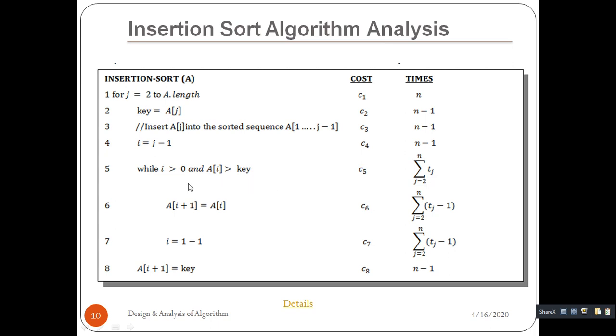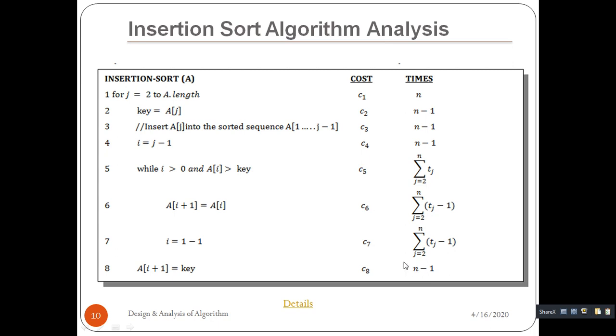So the total time will be the summation of Tj, j varies from 2 to n. These two statements are present inside the while loop, so they will run for Tj minus 1, and this will also run for Tj minus 1. So summation of Tj minus 1, summation of Tj minus 1, j varies from 2 to n. And obviously this is only a part of the for loop, which runs n times, so this will run for n minus 1 times.